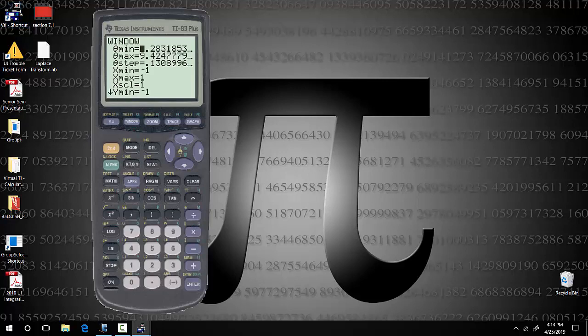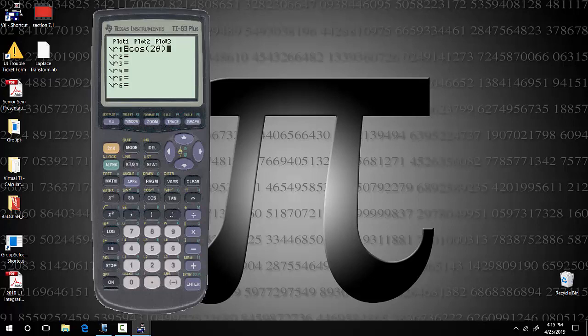If you want to graph polar coordinates, the first thing you need to do is go to mode and make sure that you've selected POL, polar, here. Then go to y equals and type in the polar equation. You can see it says r1, r2, r3 instead of y1, y2, y3, which is what you have in rectangular coordinates. So let's graph cosine of 2 theta.